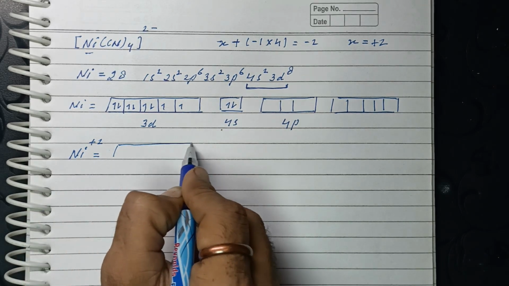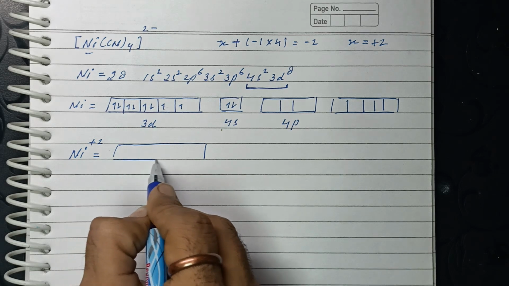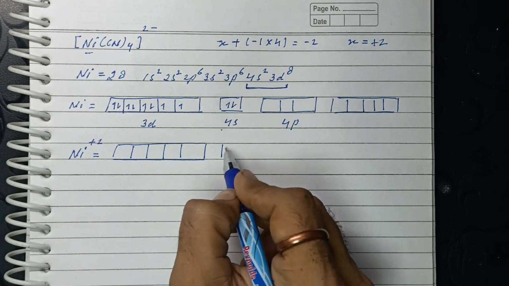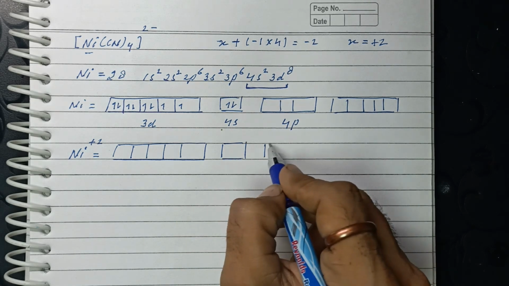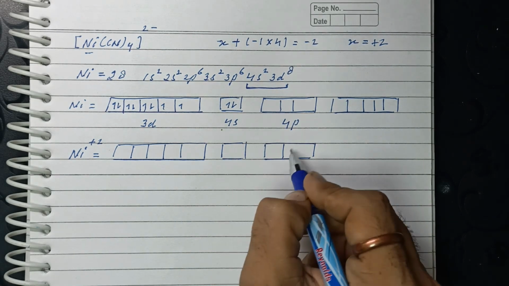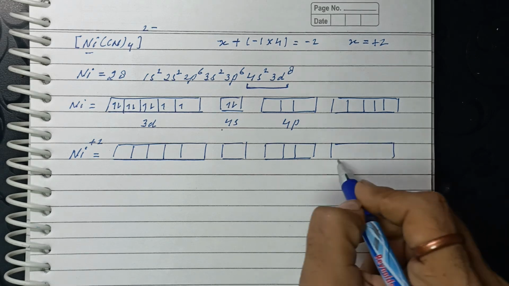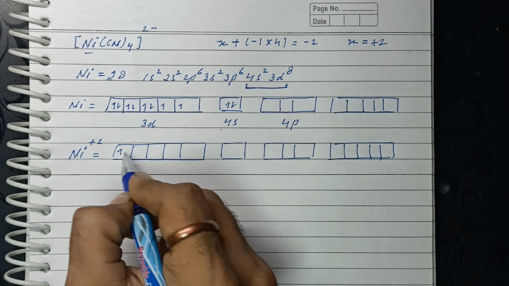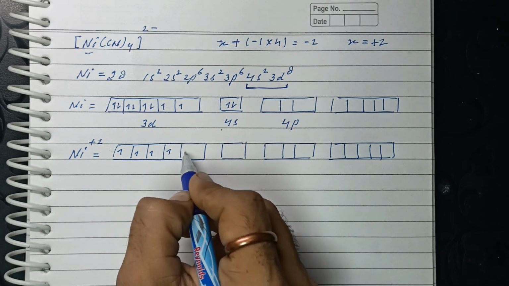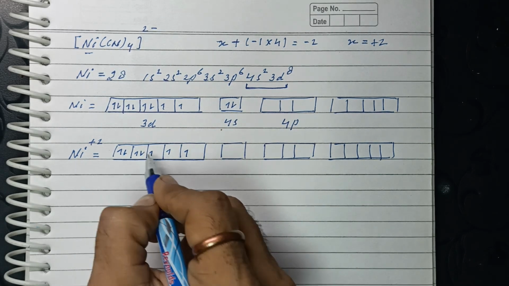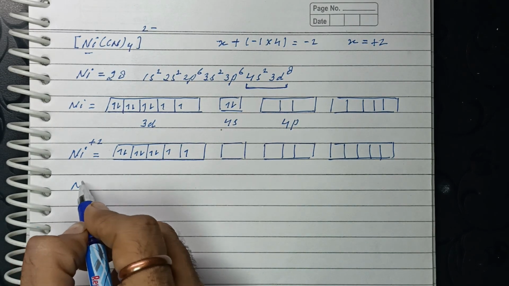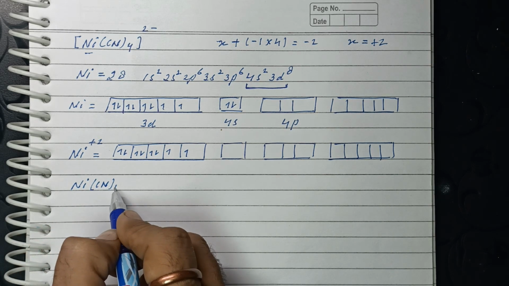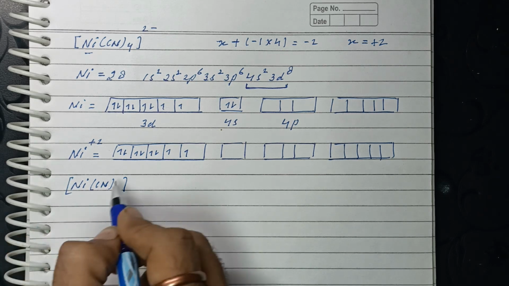The 2 electrons, we will remove them from the valence shell only, it means from the 4s. 1, 2, 3, 4, 5, 6, 7, 8. Now this nickel 2 plus will combine with 4 cyanide to form the complex.